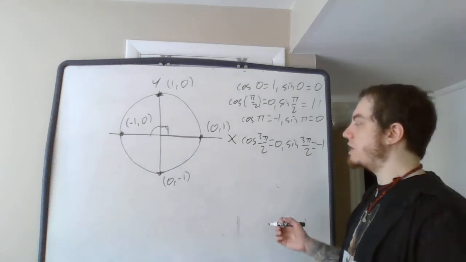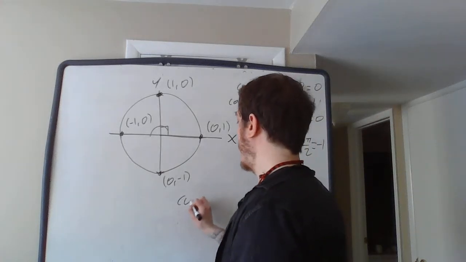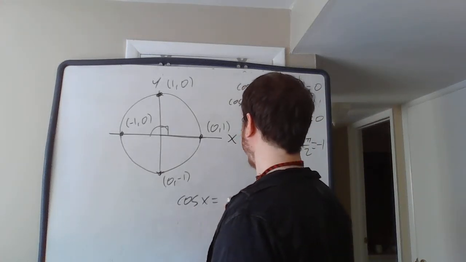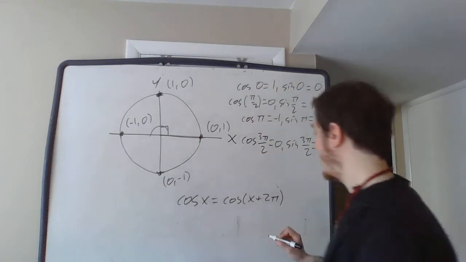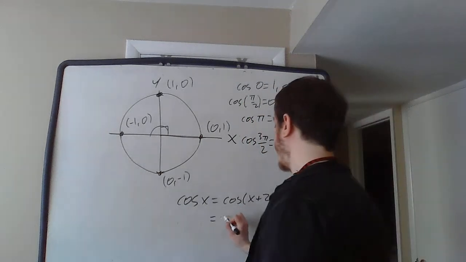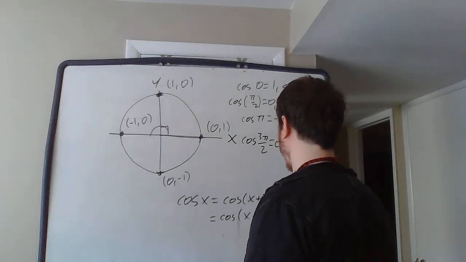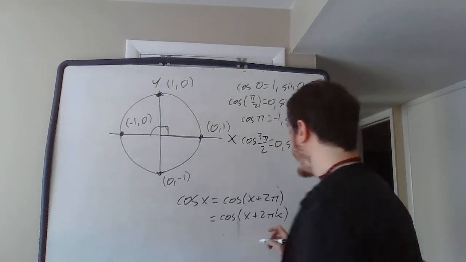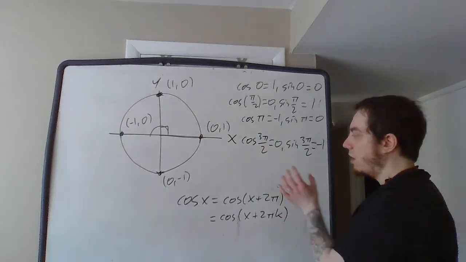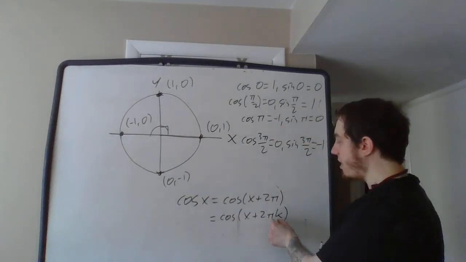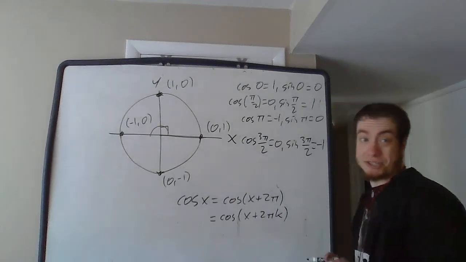But the brief version is that it means cosine of x is actually equal to the cosine of x plus 2 pi. In fact, it's equal to the cosine of x plus 2 pi k. So basically, when you look at the graphs of these things, horizontally shifting them by a multiple of 2 pi doesn't change the graph.